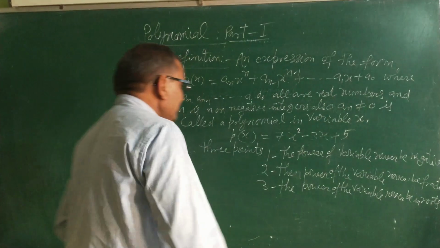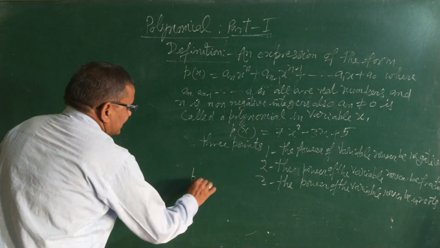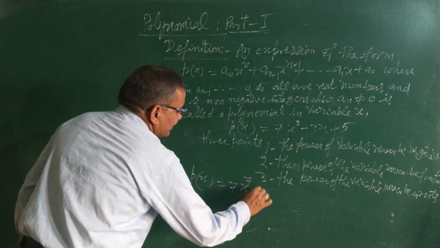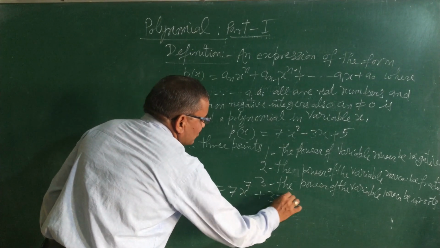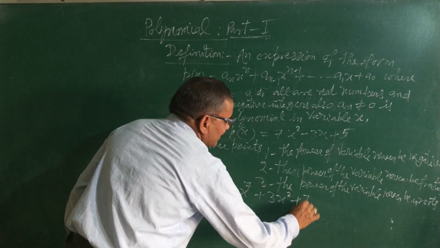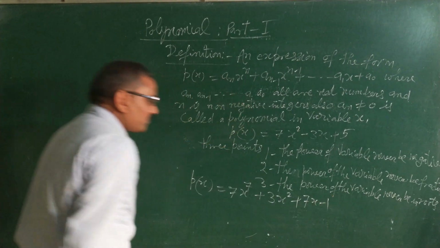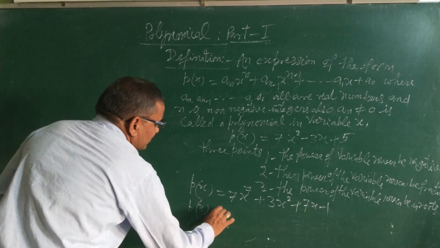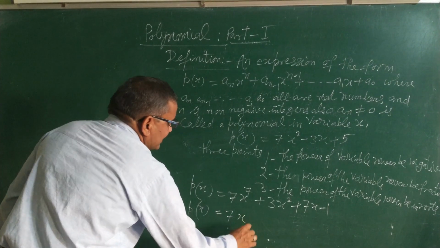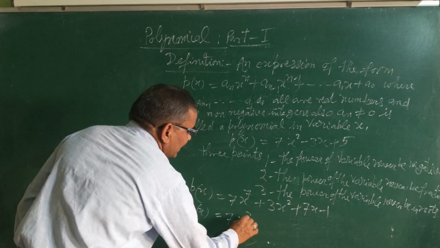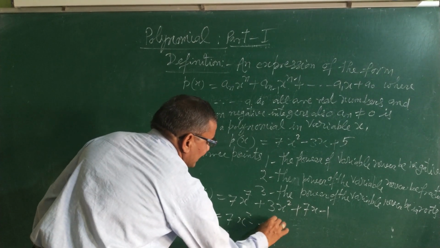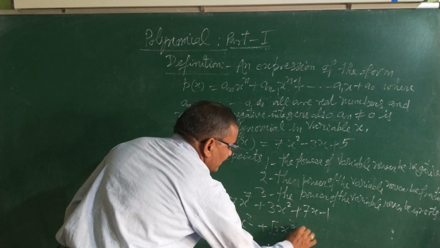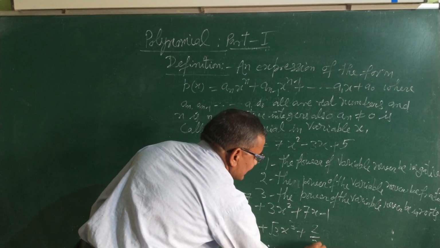Let us take an example. Let us suppose that p(x) is equal to 7x power 7 plus 3x square plus 7x minus 1. Another one is p(x) is equal to 7x cube plus under root 3 x power 3 plus 2 upon x.